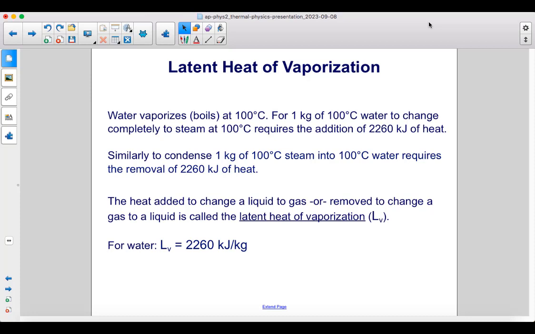Similarly, to condense 1 kilogram of 100 degree steam into 100 degrees Celsius water requires the removal of 2,260 kilojoules of heat. The heat added to change a liquid to gas or removed to change a gas to a liquid is called the latent heat of vaporization, L sub V. For water, L sub V is 2,260 kilojoules per kilogram.